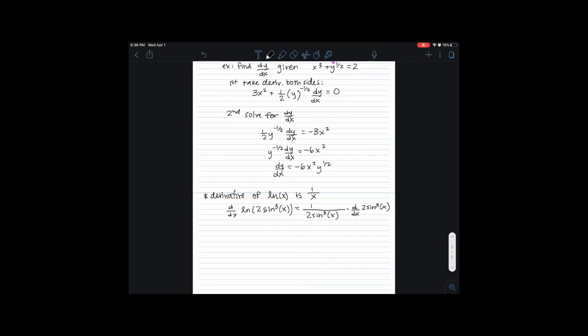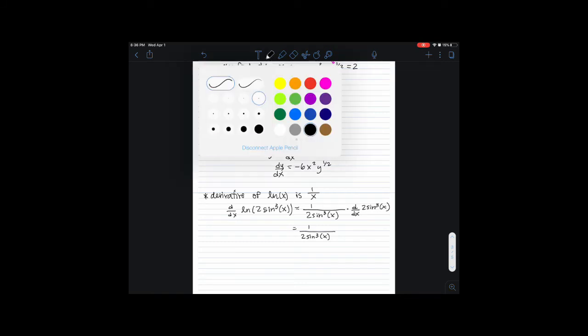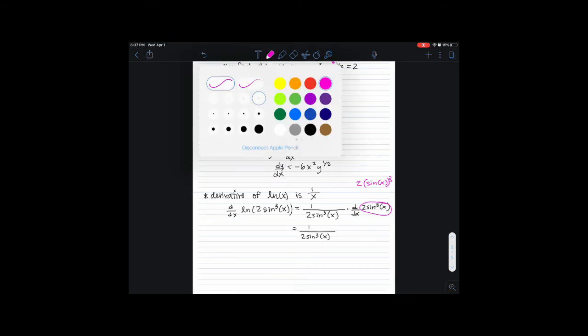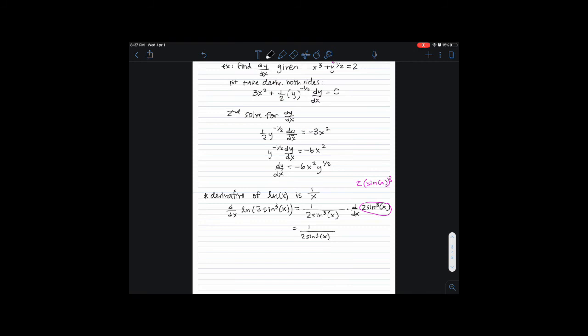which is 1 over 2 sine cubed of x times, it's important to note here that this is actually 2 times sine of x quantity cubed, so this is another outer function, something to the third, with an inner function sine of x.